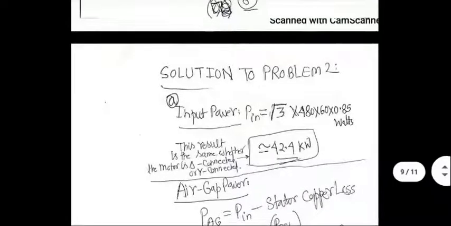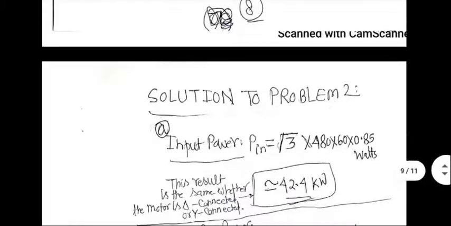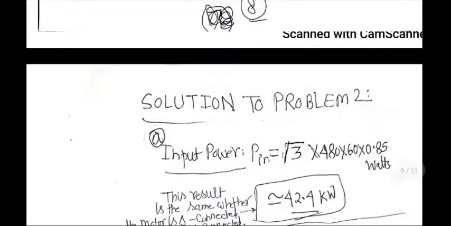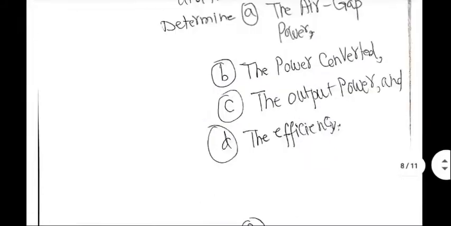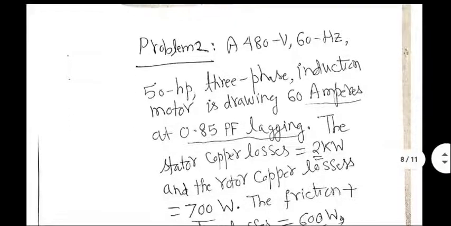Input power, whether it's a delta connected motor or star connected motor, is always given by this famous formula: square root of 3 times the magnitude of line voltage, multiplied by the magnitude of line current, multiplied by power factor. So square root of 3 into 480 into 60 into 0.85.